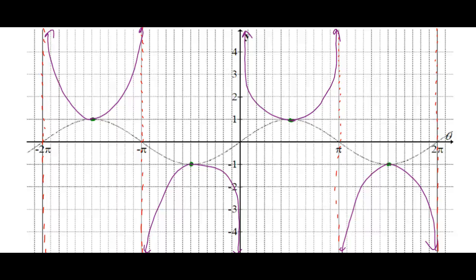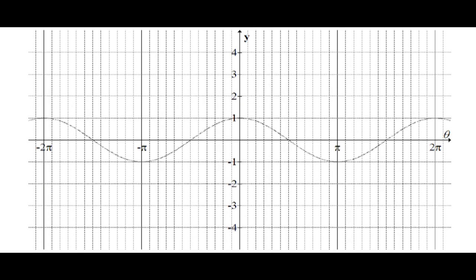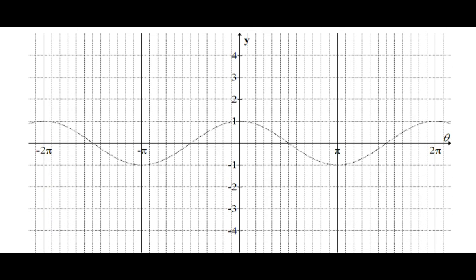Okay, so I want you to do the reciprocal of cosine, which is at the bottom of the page, or for me, the next page. Graph of cos theta is shown. Graph secant theta. I'll pause this. Okay, so here are the zeros of the cosine function. These will be asymptotes for secant.